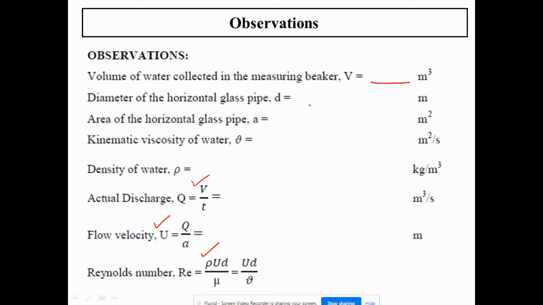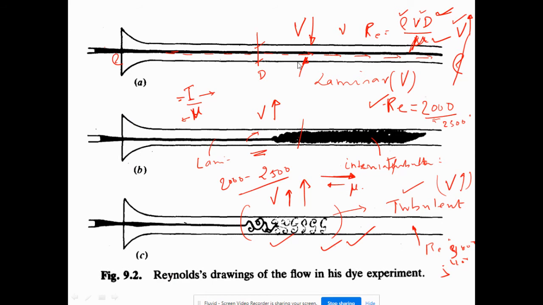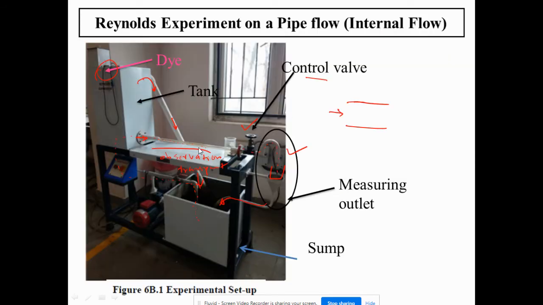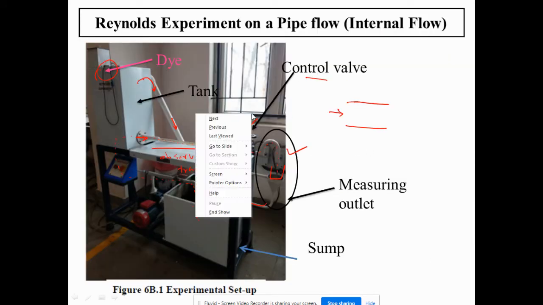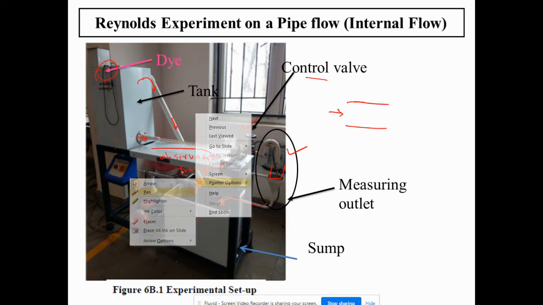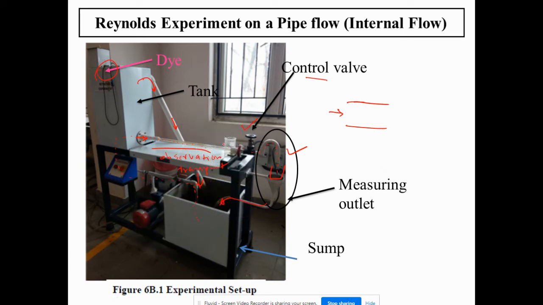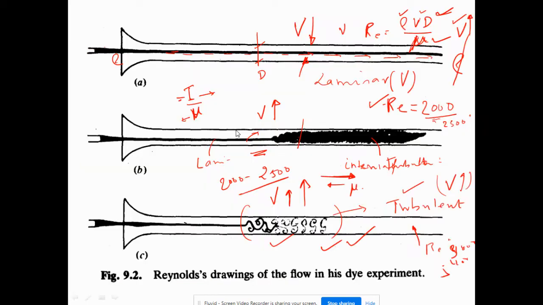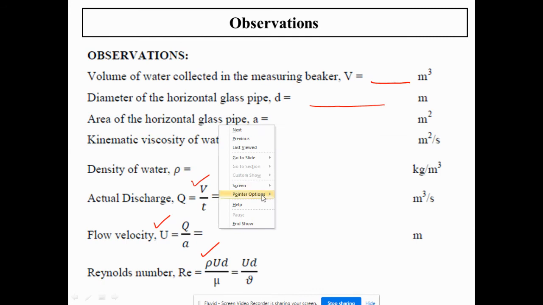Then the diameter of the glass tube, you can measure by means of gauges, the diameter of this observation pipe. Then we have the area of the horizontal glass tube, which you can calculate from pi by 4 d square, and then the kinematic viscosity of water.